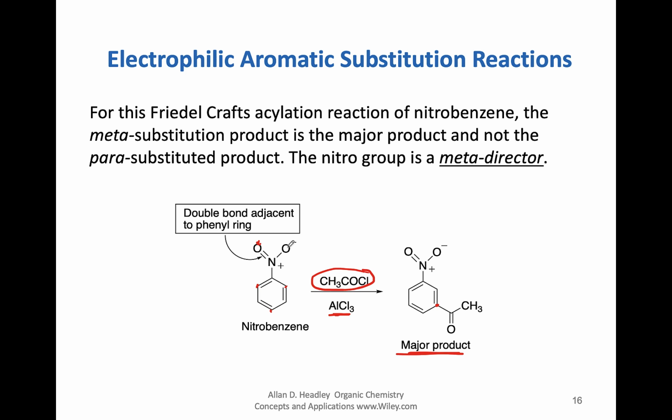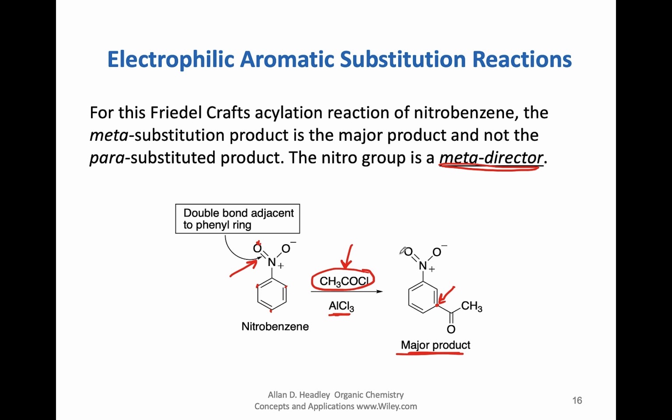Summary: these type substituents here are called meta-directors. The other one is called a para-director. Why para? Because it directs the incoming group into the para position. Why meta-director? Because these type substituents direct the incoming electrophile into the meta position.